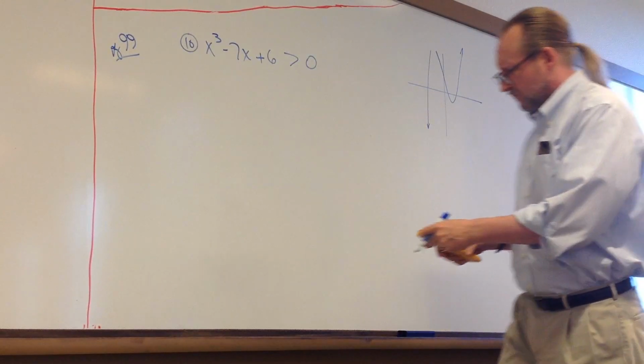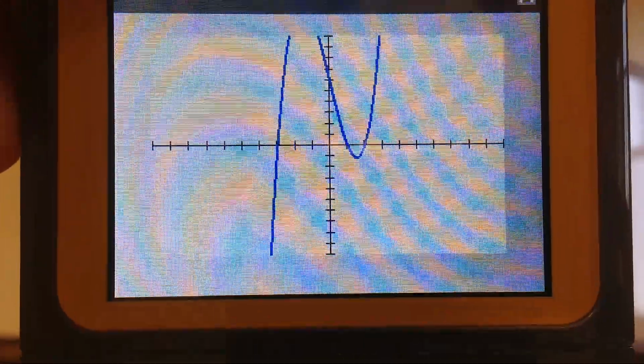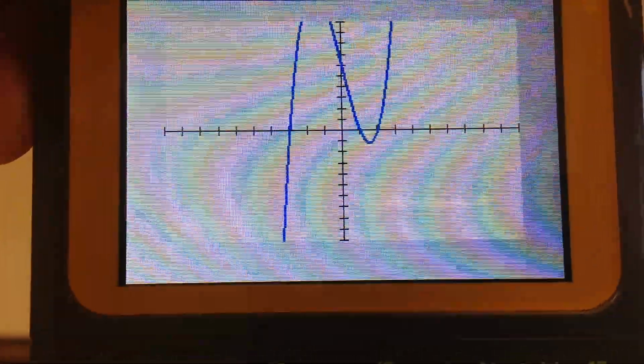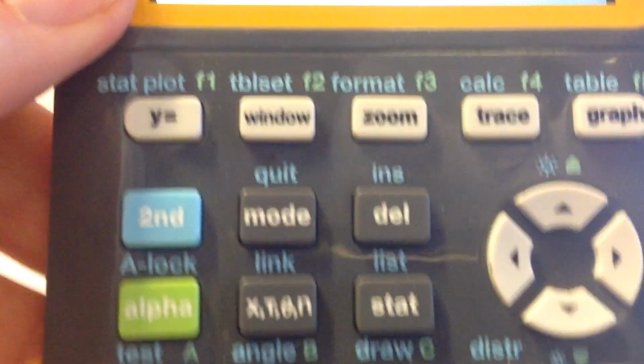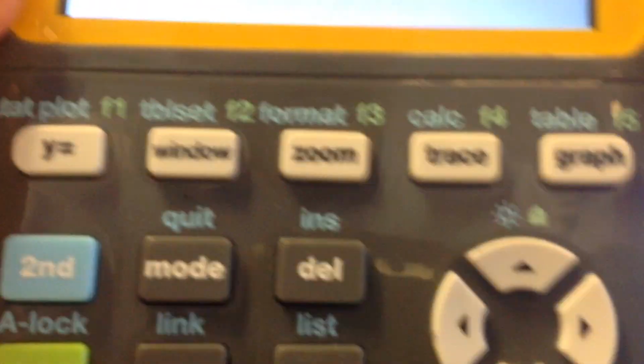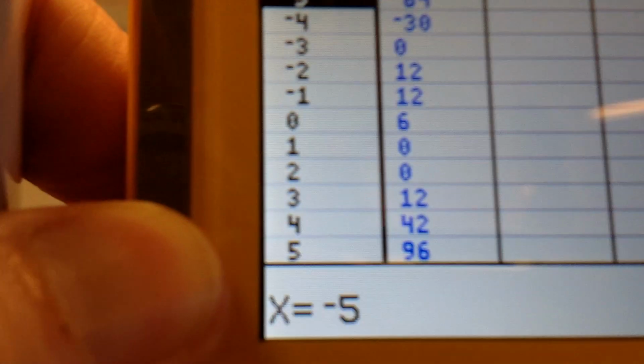Now, if you look at the roots on this, it does seem to be going through some of these whole numbers. Okay, you can see how it kind of looks like the roots are at the whole numbers. So if you want to, you can go into the table, which is second graph. So you got to hit that second key and then hit graph, and that will show us the table.